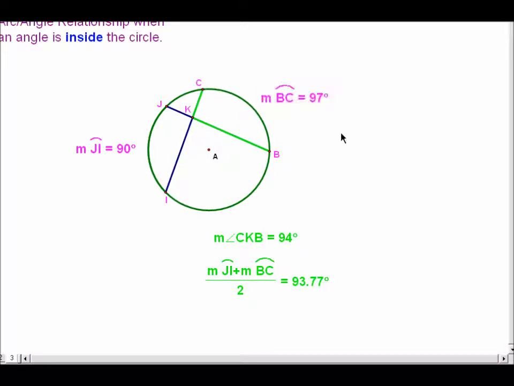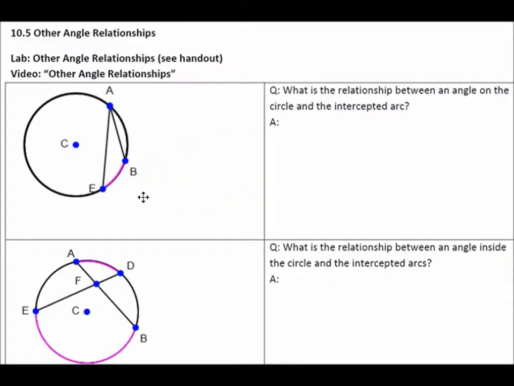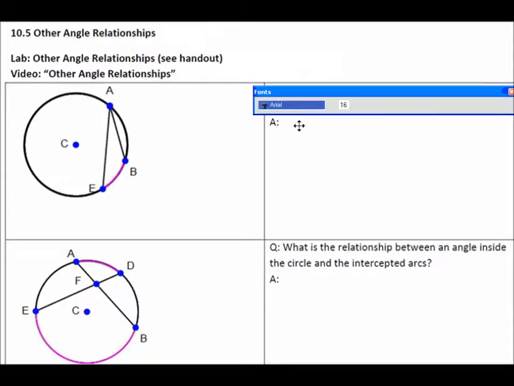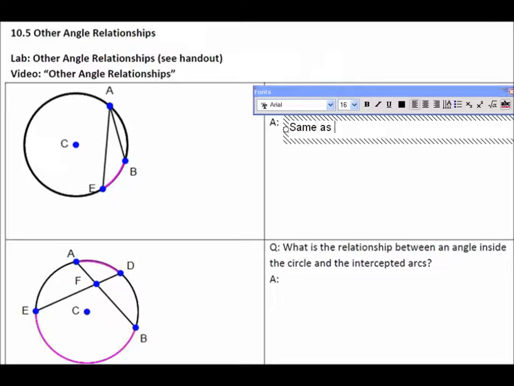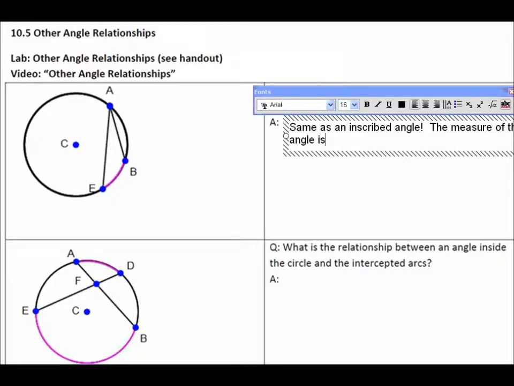Okay, so it looks like we can probably fill out those relationships back on our note sheet then. So let's look at this page. What is the relationship between an angle on the circle and the intercepted arc? Well, we just said that's the same thing as an inscribed angle. So same as an inscribed angle, the measure of the angle is half the intercepted arc.